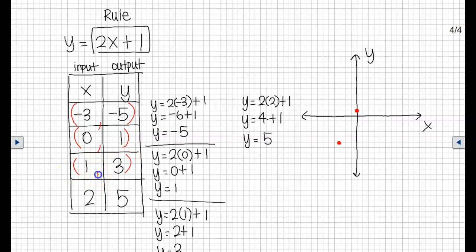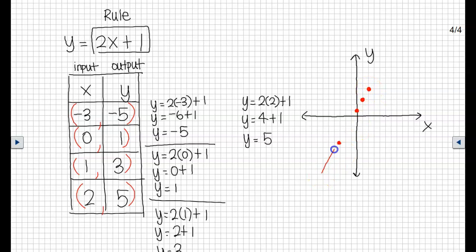On the x-axis, we're moving positive 1, so right 1, and on the y-axis, up 3. And then finally, 2, 5. So on the x-axis, we're going right 2, y-axis, up 5.